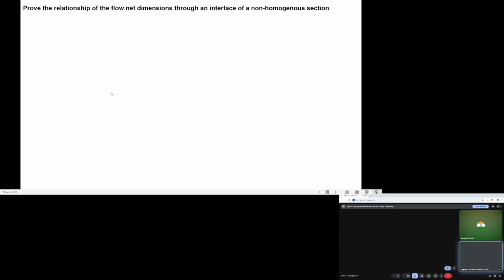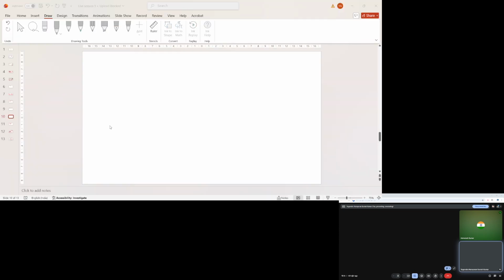Now this is the flow net. Let this be the dz and let this be dx. What is the fundamental property of flow nets? They are elementary squares, right? Yes, sir.